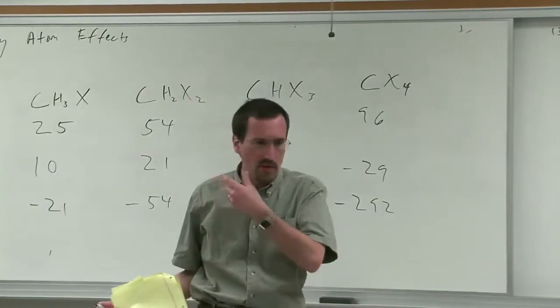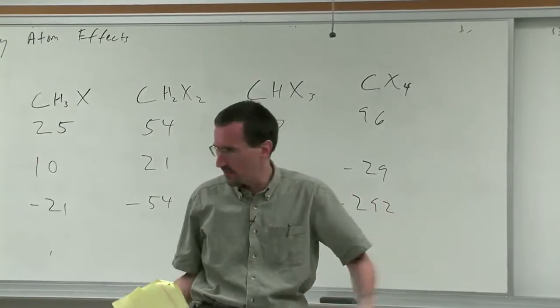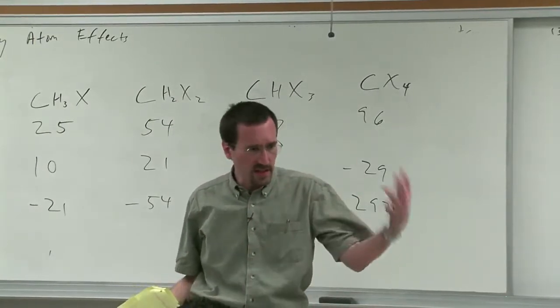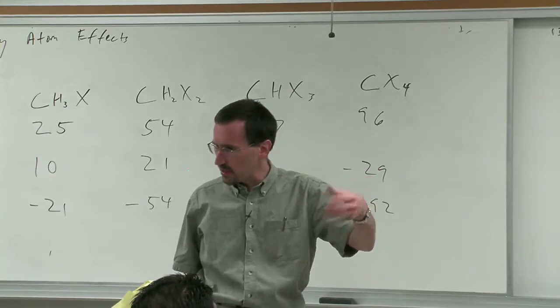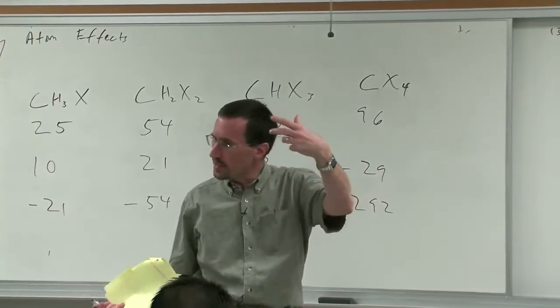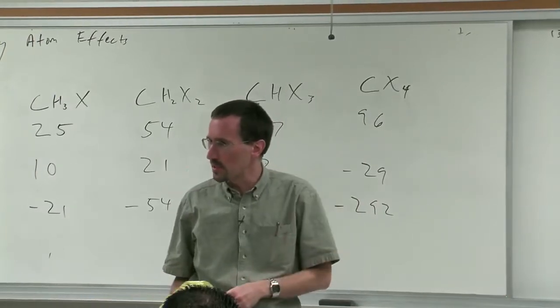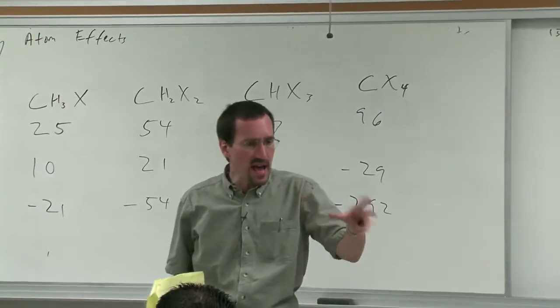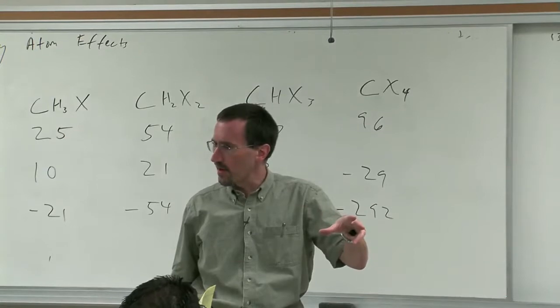The effect of a meta substituent is this if it's a chlorine. The effect of an alpha substituent is this. The effect of a beta substituent is this. The effect of a gamma substituent is this. And we're going to add up all of those effects.